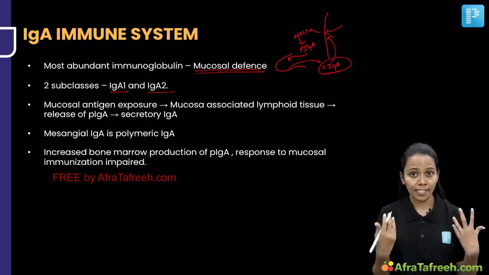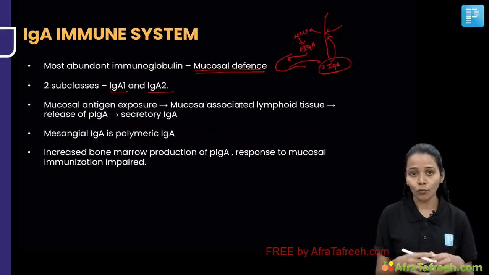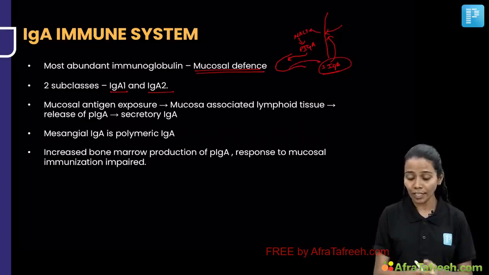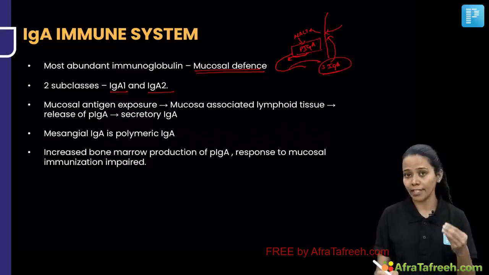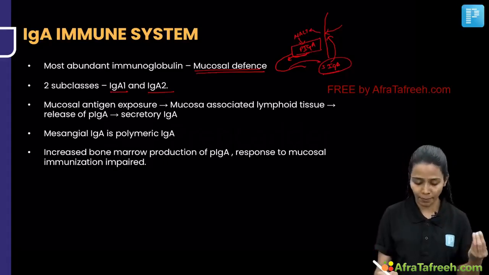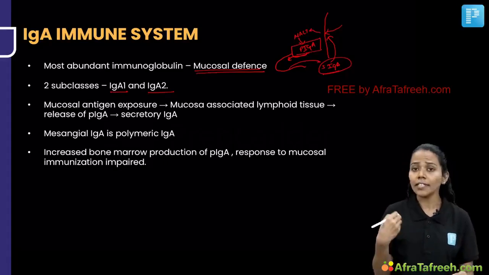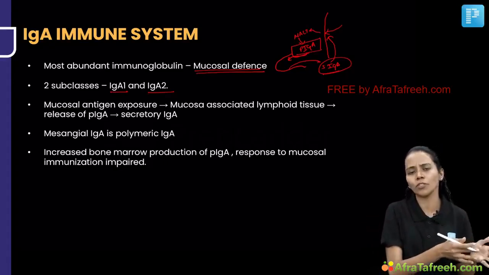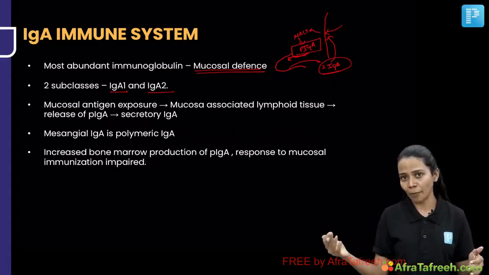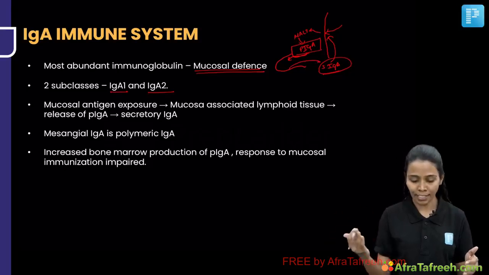However, when it is seen in the kidney biopsy, whatever mesangial IgA is this polymeric IgA. They found that this polymeric IgA is excessively deposited in the mesangium. Now you might think that this polymeric IgA is only found in the mucosal tissue. How is it getting deposited in the kidney mesangium?